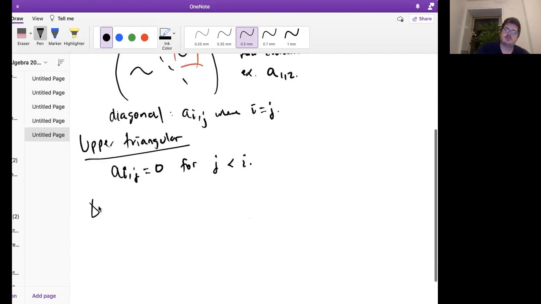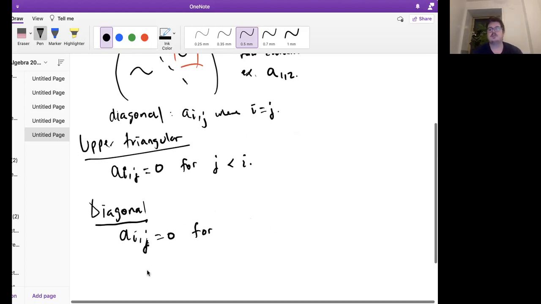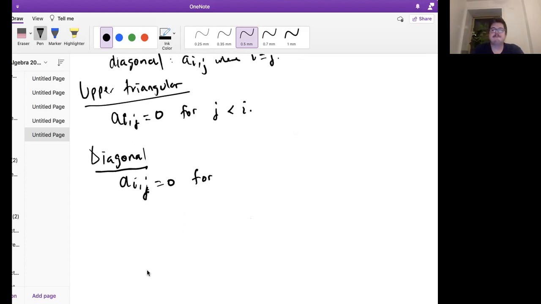And diagonal, what would be diagonal? Aij equals 0 for... so what entries must be 0 for a diagonal matrix?